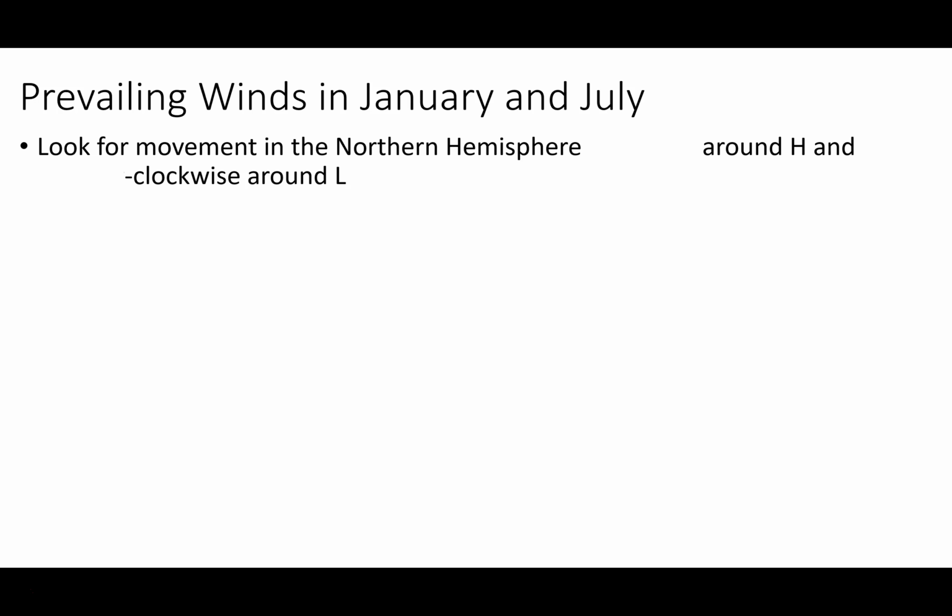You guys in your lab yesterday told me that this is going to be cloudy, right? Maybe precipitation. And you said that this is going to be clear and dry. That's one characteristic about the surface low and surface high pressure. We call this a cyclone, and we call this an anticyclone.